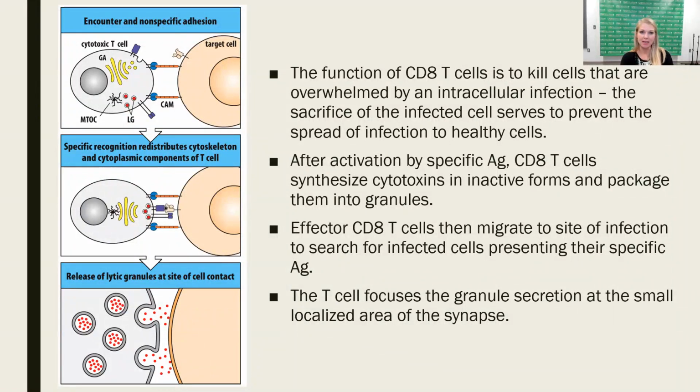It keeps them in an inactive form so that they don't destroy themselves, but packages them into granules. And then once those granules are deposited directly to the target cell through the synapse, that's when they become lytic and end up causing destruction to the target cell.